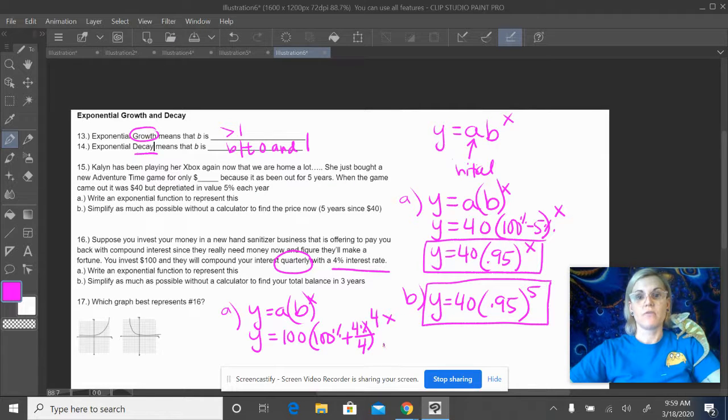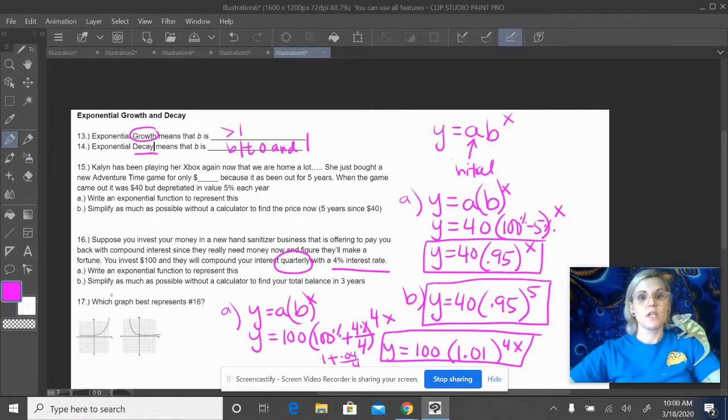So I can simplify this. y equals 100 times, so 100% is 1, 4% is 0.04 divided by 4, so 1 plus 0.01, so 1.01 to the power of 4x. So that is my function for that problem.